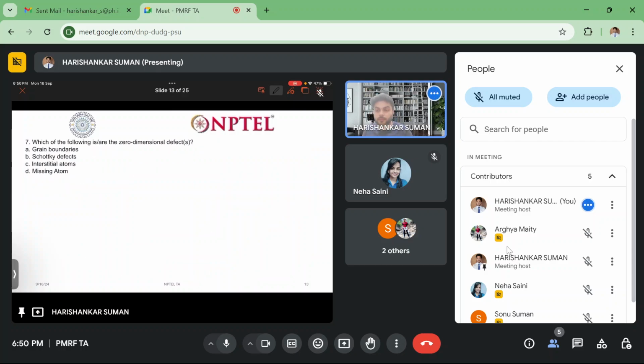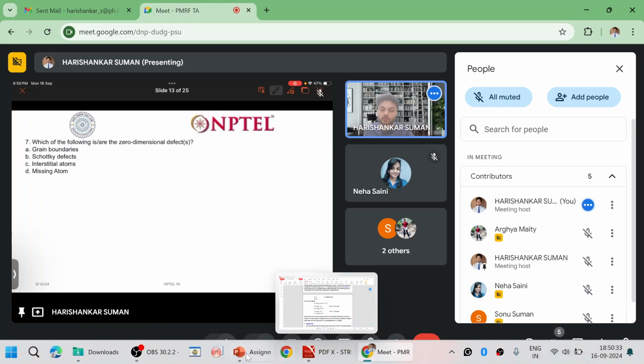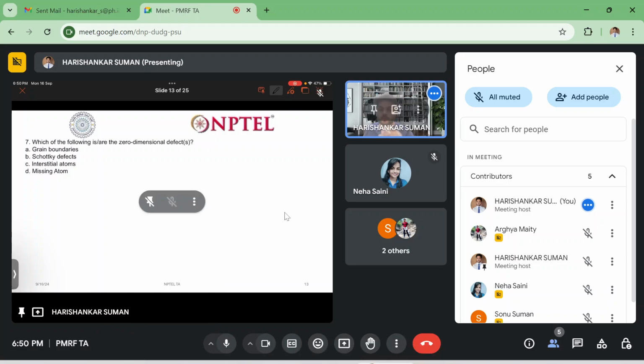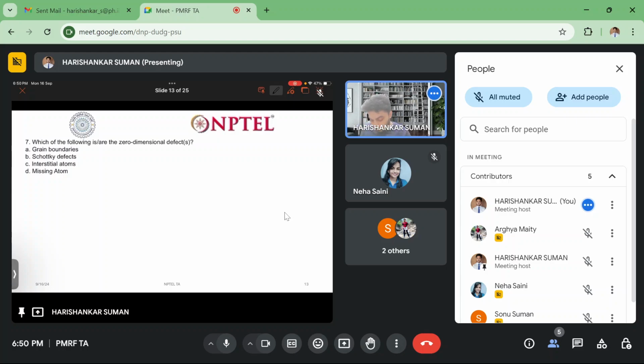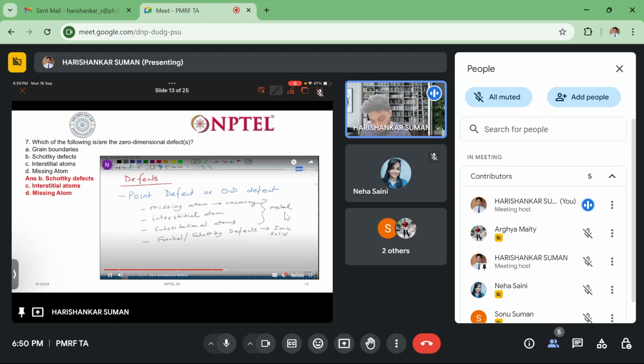Next question. Which of the following are zero dimension defects? Let's discuss defects. Zero dimension defects include missing atoms (vacancies), interstitial atoms, substitutional atoms, Frenkel or Schottky defects. These are the zero D or point defects.